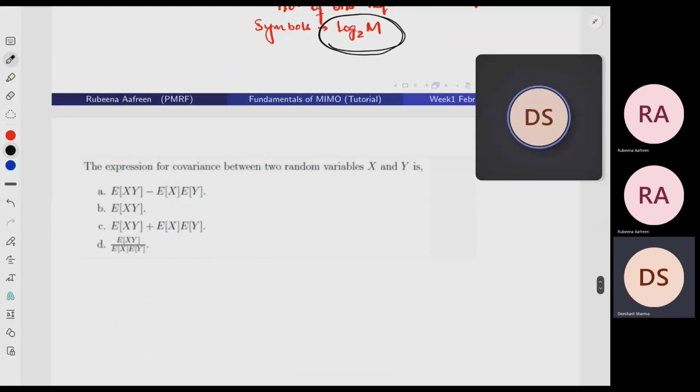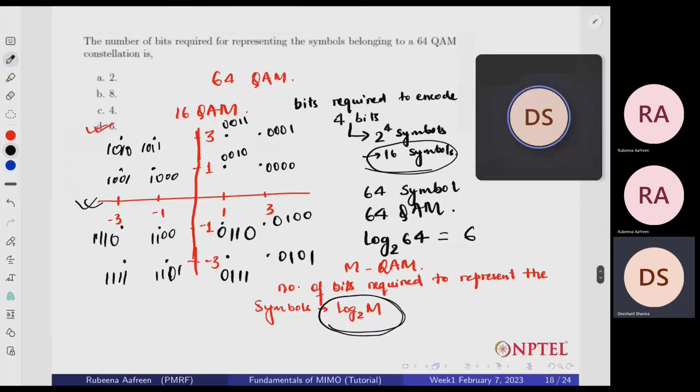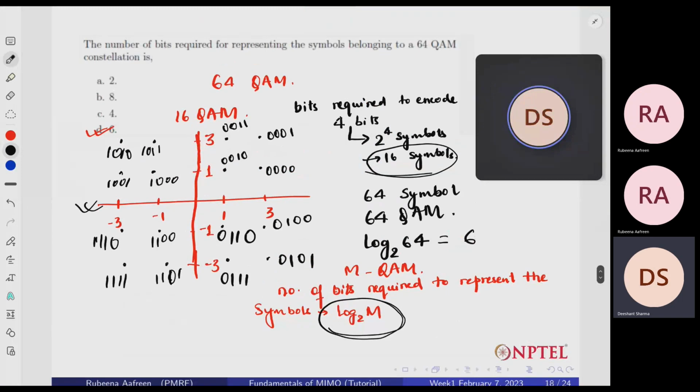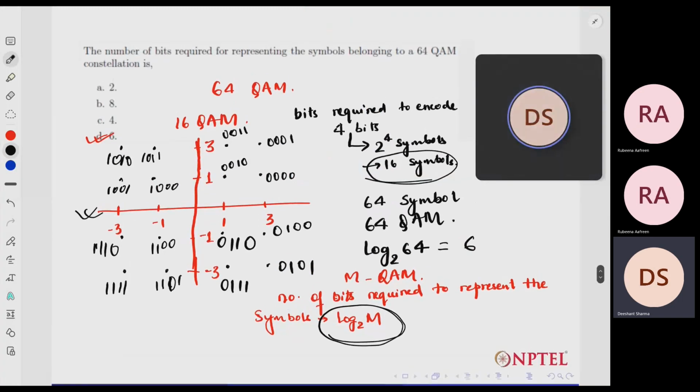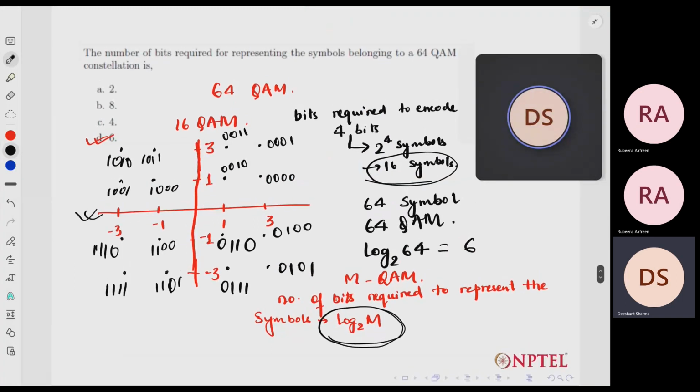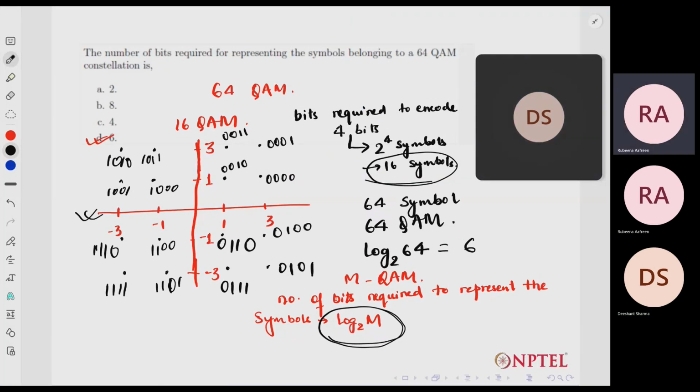And I guess it's the ceiling of log to the base 2 of M, because M may be in points also, no? Yeah, it would be the ceiling of log to the base 2 of M, but practically for transmission we are using QAMs which are already powers of 2. So yeah, that is correct, the ceiling of log to the base 2 of M.